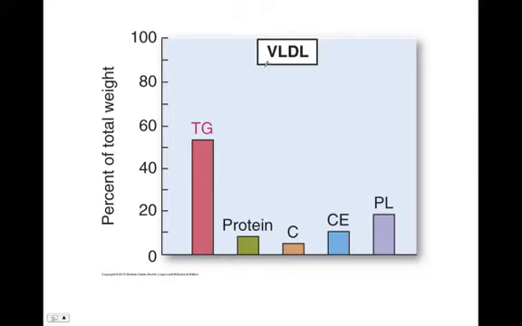So VLDLs are synthesized in the liver and contain both newly synthesized triacylglycerol as well as cholesterol. Cholesterol can also be esterified to be cholesterol ester. And these are all, again, surrounded by a phospholipid monolayer. VLDL particles are smaller than chylomicrons.